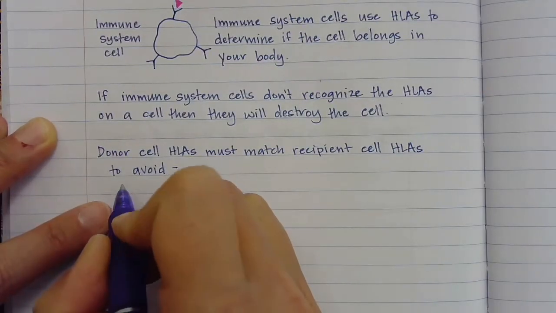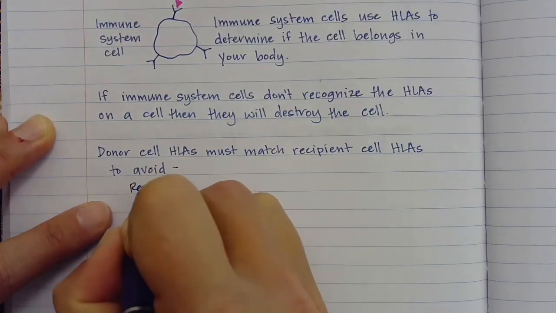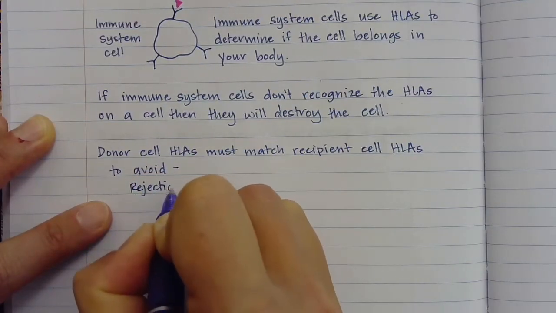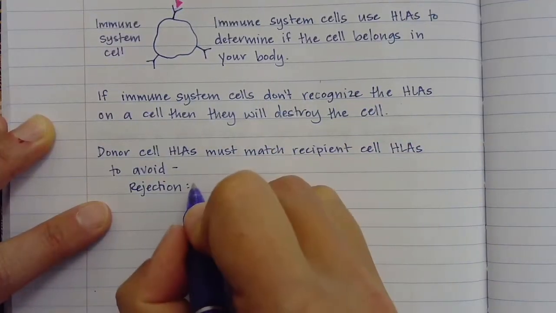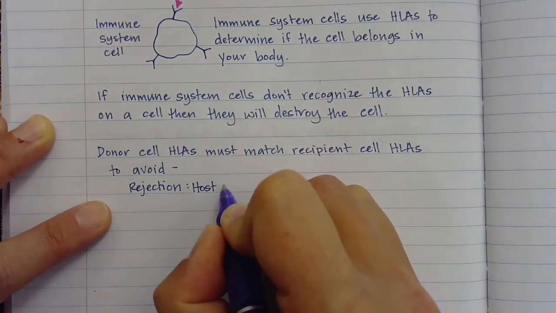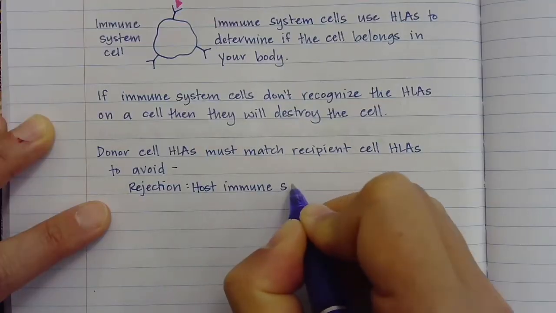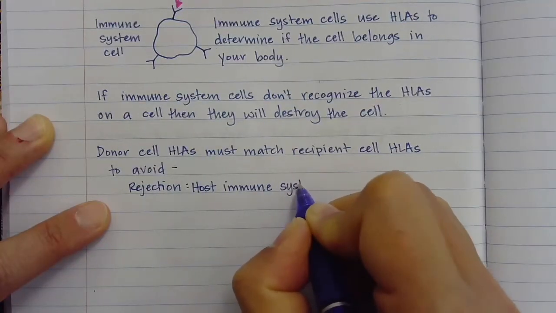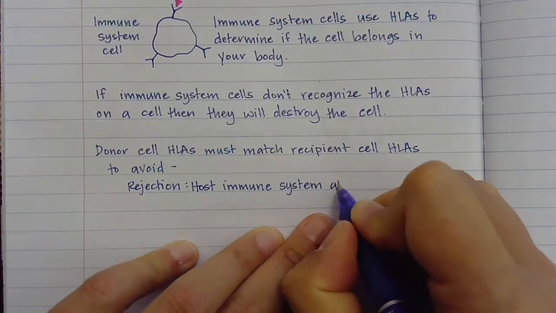The first thing that they're going to try and avoid is rejection. And rejection occurs when the host immune system, or the recipient immune system, attacks the transplant.